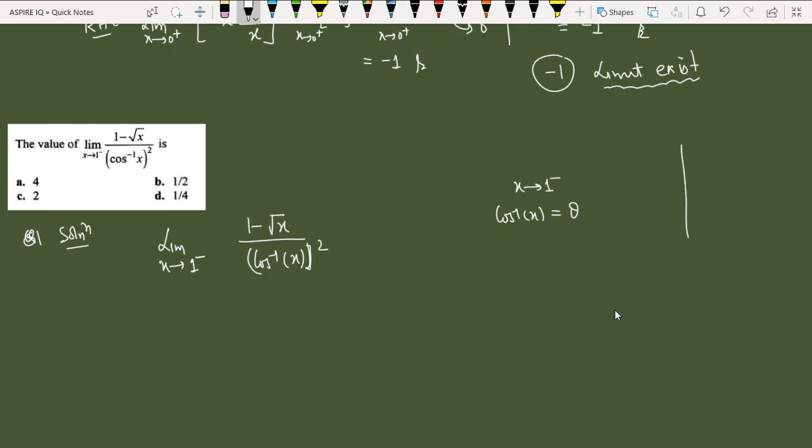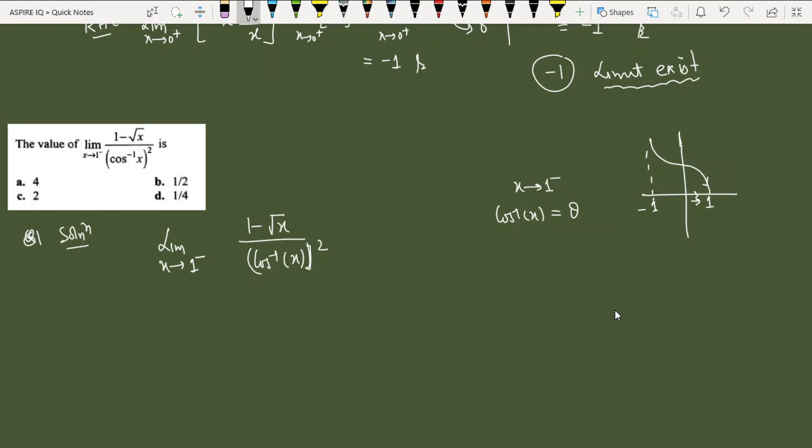If x tends to 1 minus, let me draw the graph of cos inverse. It will be a decreasing function, so the graph will be like this, and this is minus 1, and this is 1. So we are approaching from this side.